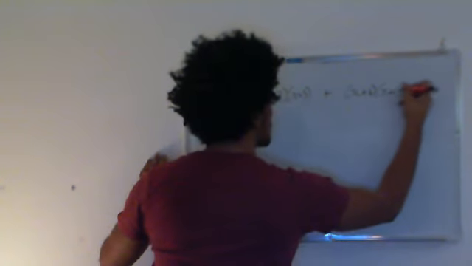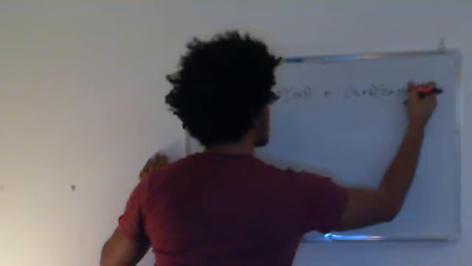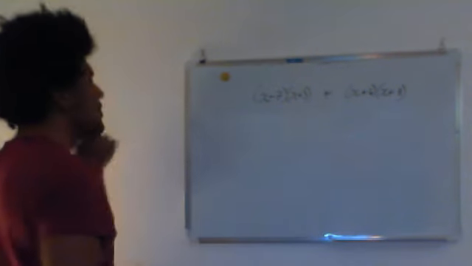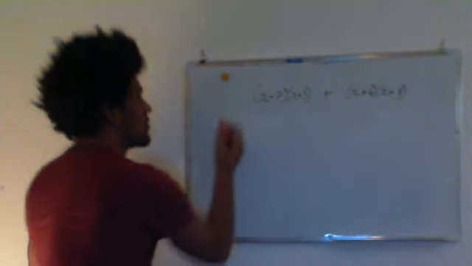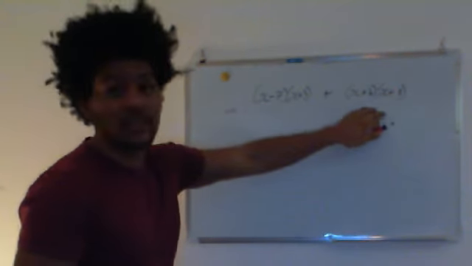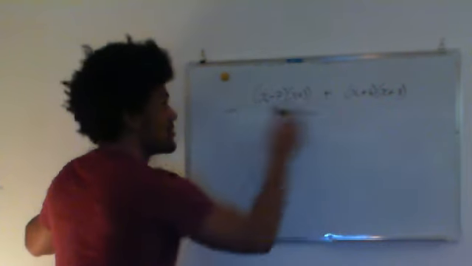Plus 4 x plus 11. So what you do here is you just expand both brackets first and then simplify them together, so you don't try and combine them in any way until you've expanded them.